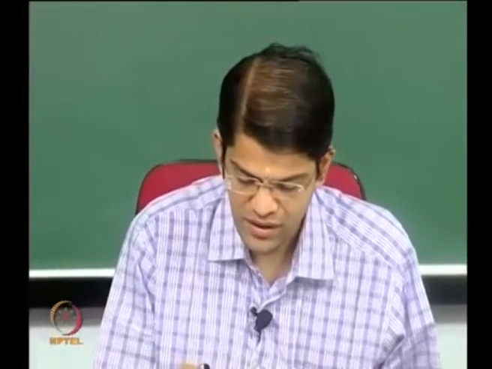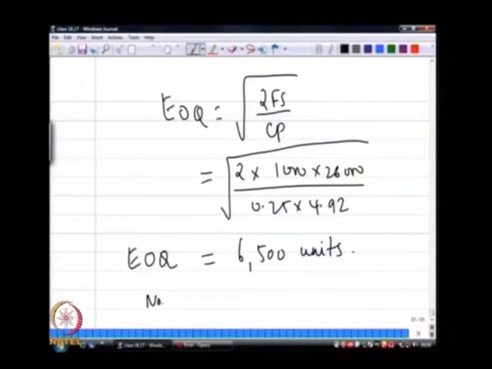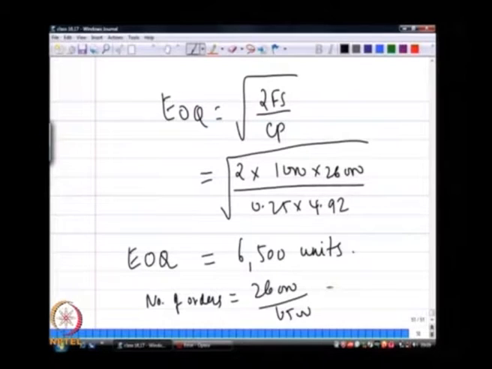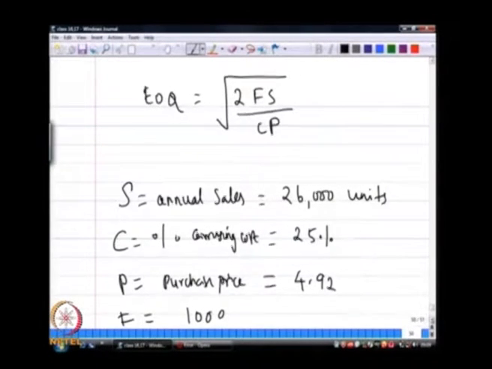Assuming each order is equally sized, the number of orders we are going to place in 1 year will be 26,000 by 6,500, which is very simple, 4. This is one data point.